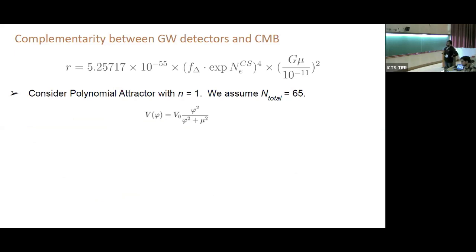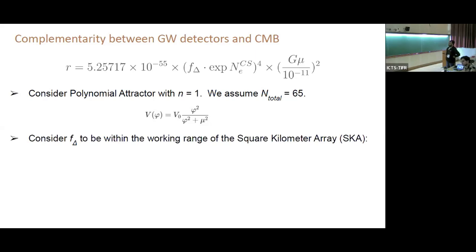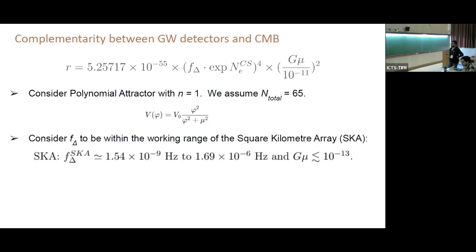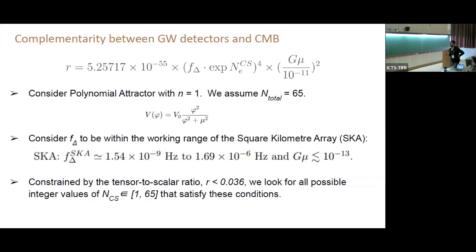So we consider the polynomial attractor with n equals 1. This is how our inflation potential looks, and we consider the turning point frequency for now to be within the working range of the Square Kilometre Array. These are the working frequency ranges, and now the name of the game is to find all possible values of NCS that satisfy these conditions.